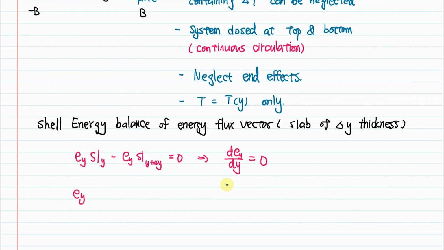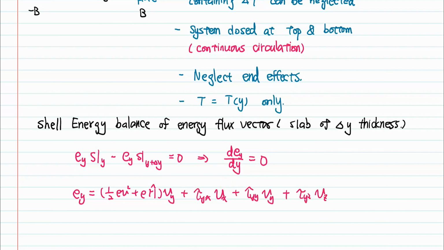If we analyze the combined energy flux vector, we first have the convective terms, partial h times Vy plus rho yx times Vx plus rho yy Vy plus rho yz Vz.